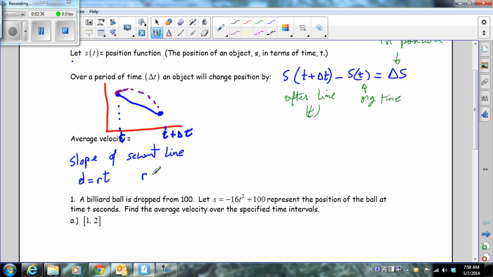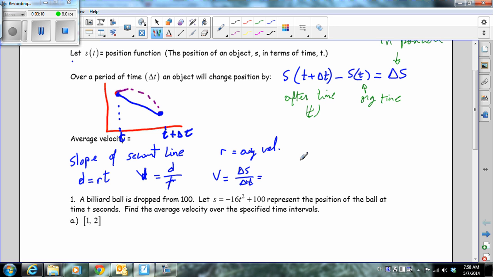And we can therefore say the rate is equal to the distance over time, actually the velocity is distance over time. So r, which is the average velocity, v is therefore delta s over delta t. The change in the position over the change in time.